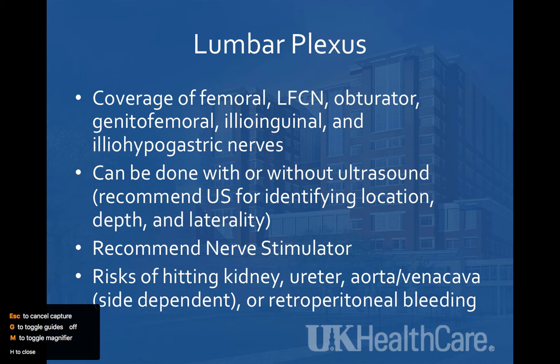So the other structures we're trying to avoid: kidney, ureter, aorta, vena cava, depending on the side, and risk of retroperitoneal bleeding. So I will also treat this like I would a neuraxial type block. Any patients that are on anticoagulants, Coumadin, therapeutic Lovenox, things that I wouldn't put an epidural in, I generally get a little bit more shy of trying to go for this block for that reason.